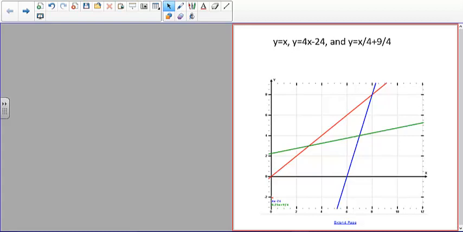Also on the first page, I want you to take the 3 equations and solve them so that instead of y as a function of x, you have x as a function of y. Now for the last equation, y equals x over 4 plus 9/4, the easiest thing to do is to multiply everything by 4 initially to get rid of any fractions.